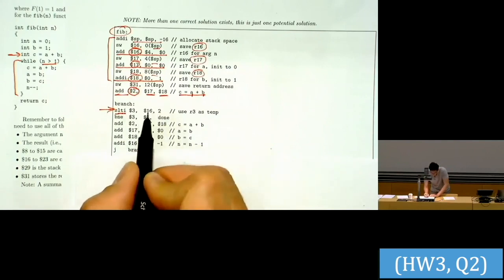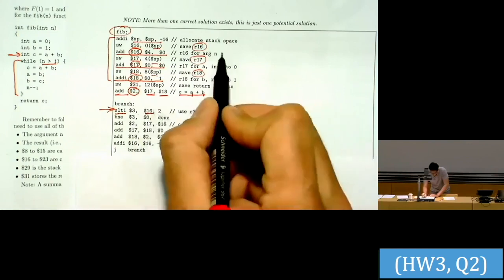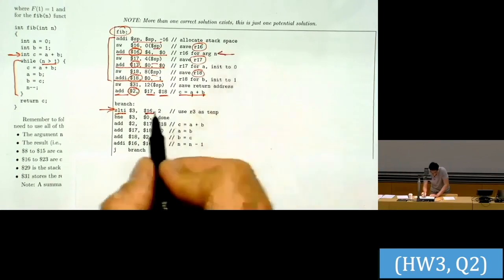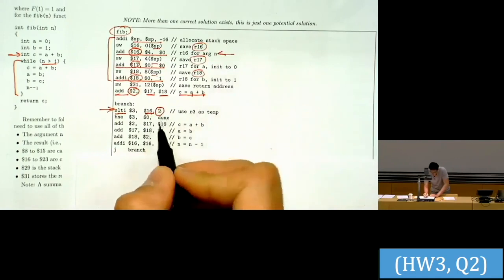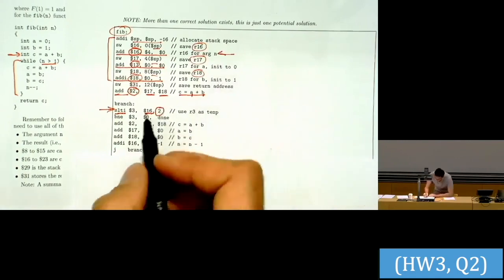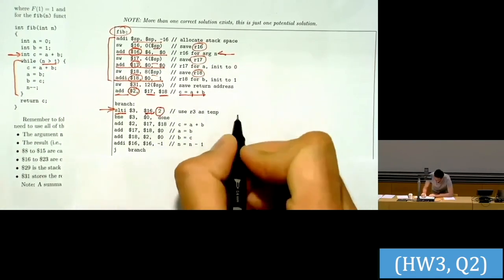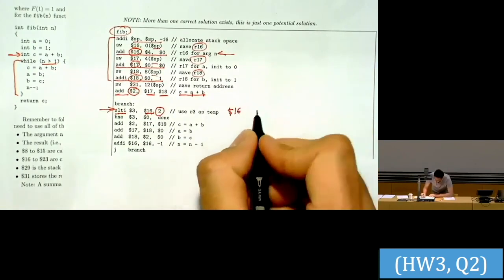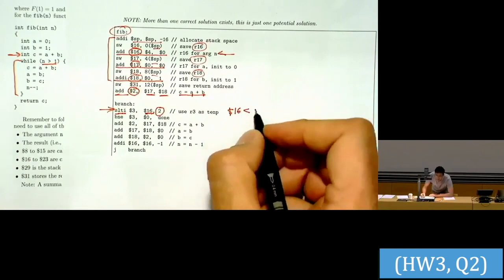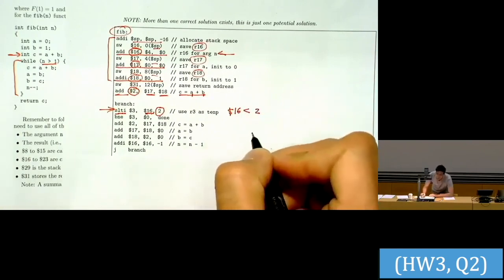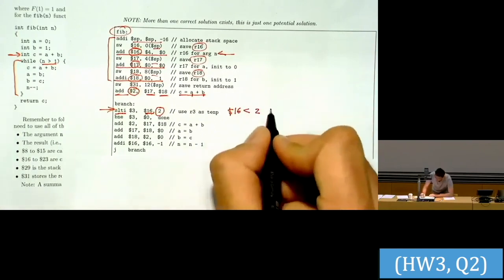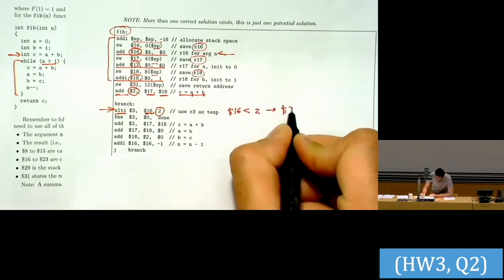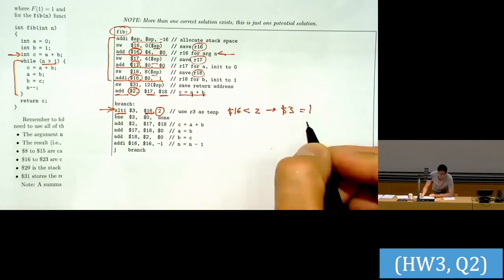We compare register 16 that contains n to 2, and if register 16 is less than 2, then register 3 will be equal to 1.